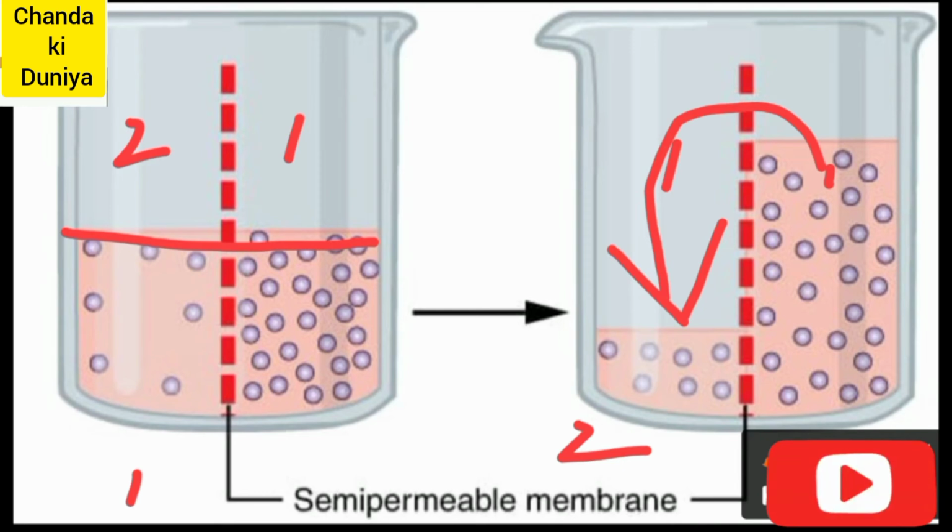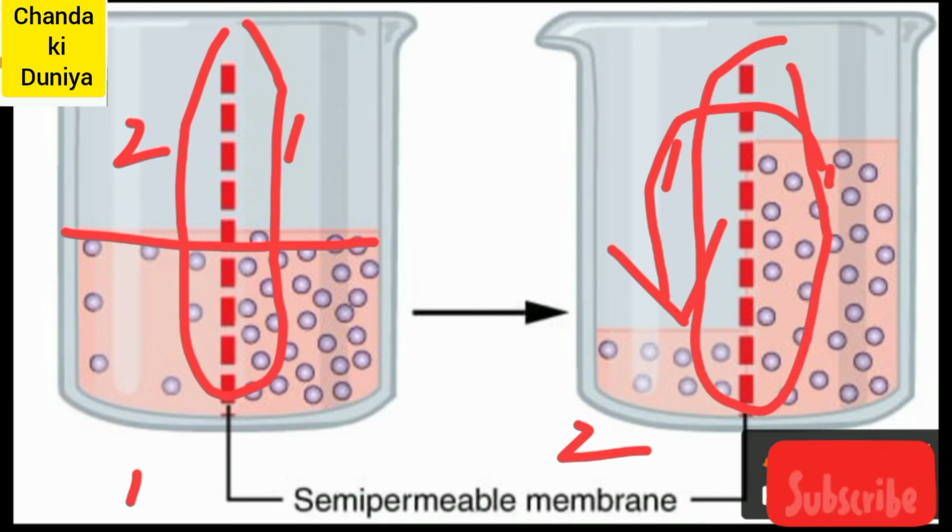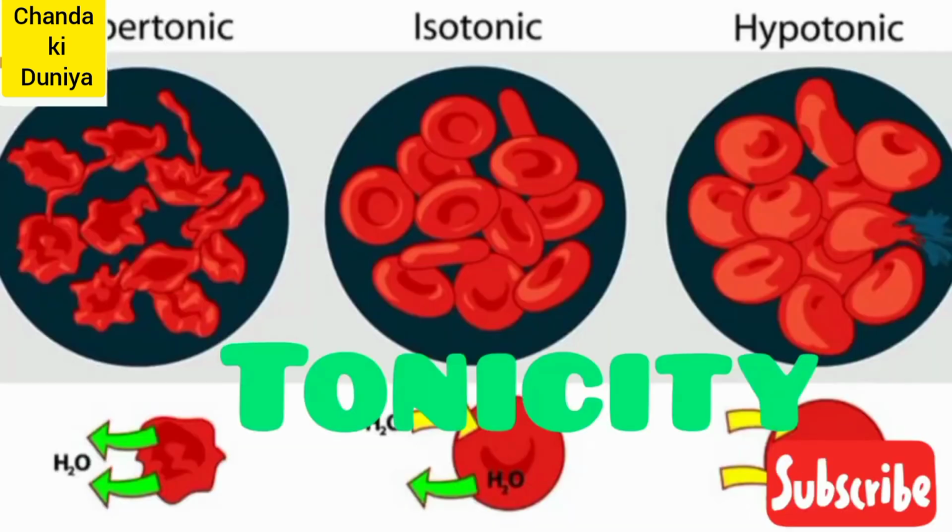In osmosis, water is moved from an area of higher concentration to an area of lower concentration through a selectively permeable membrane or plasma membrane. Let me explain one term here with the help of these 3 pictures, that is tonicity. Tonicity is always studied in osmosis.